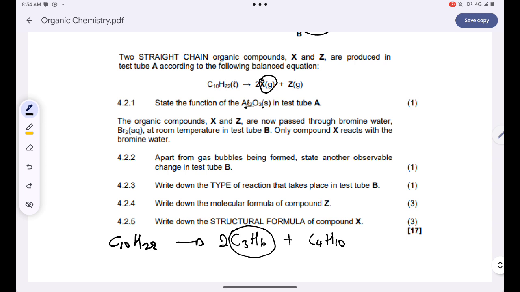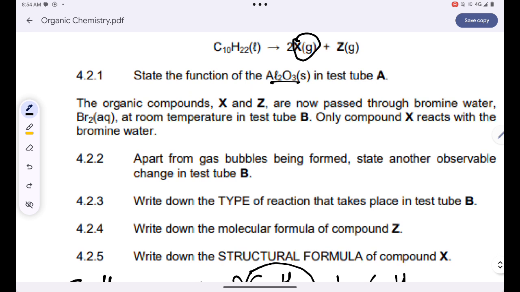Okay, apart from gas bubbles being formed, state another observation in test tube B. Obviously, guys, whenever you add bromine water into your hydrocarbon, there will be some color change. The test tube will start to look brownish.